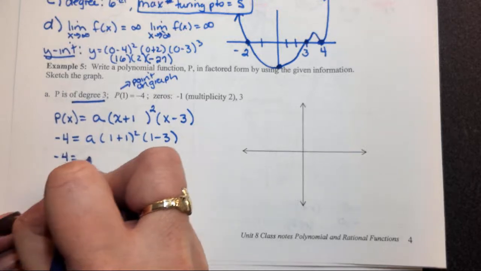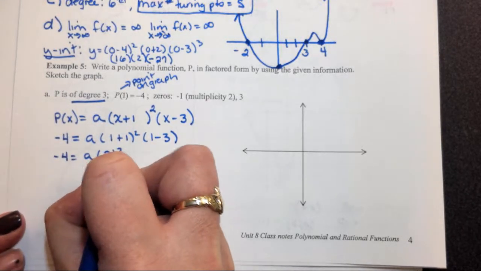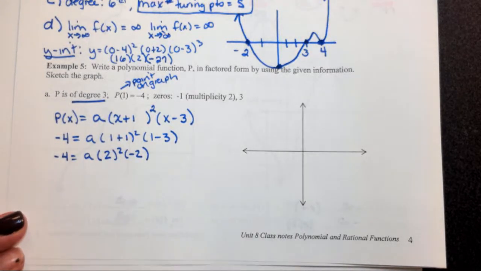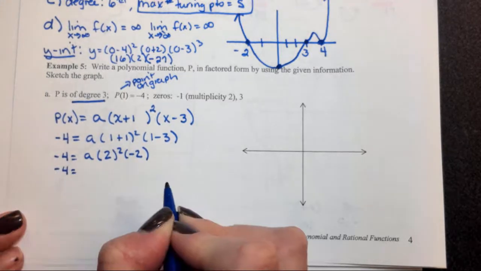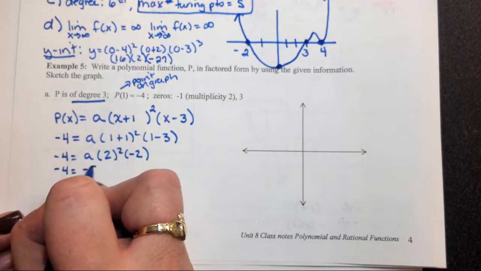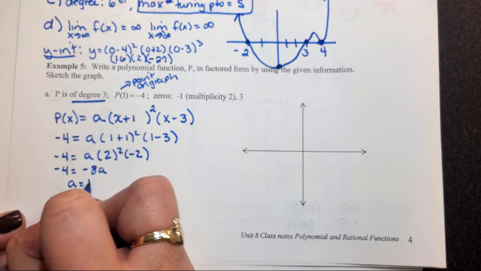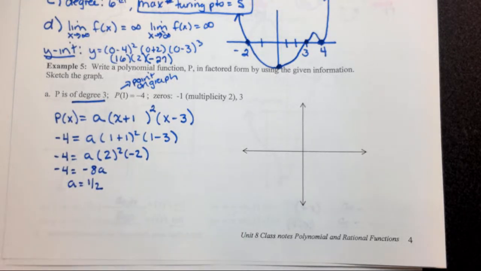So -4 is equal to A, times 2 squared, times -2. So -4 is going to be equal to -8A. So what's A equal to? 1/2.